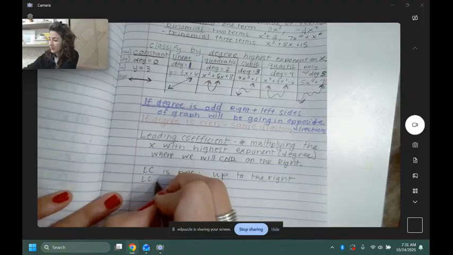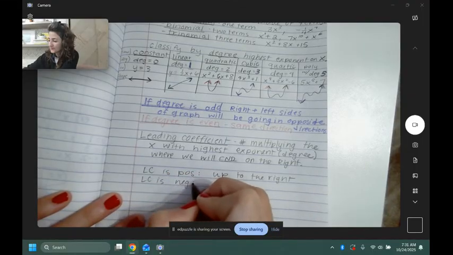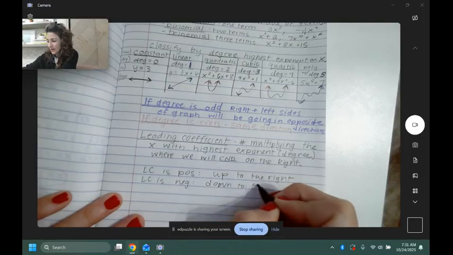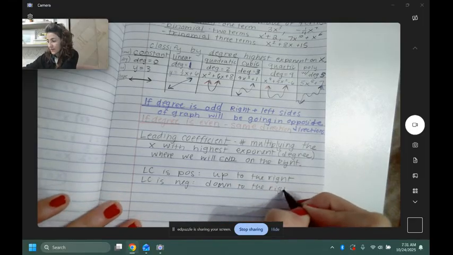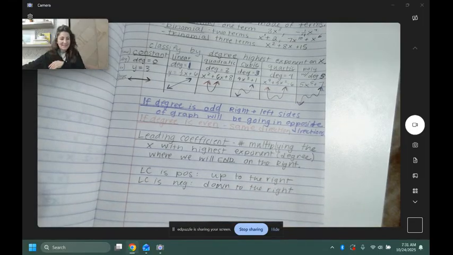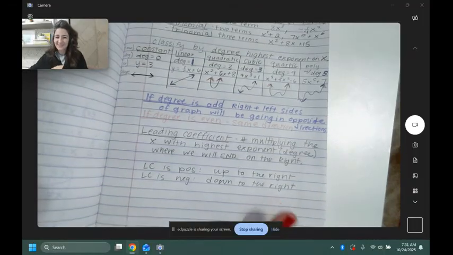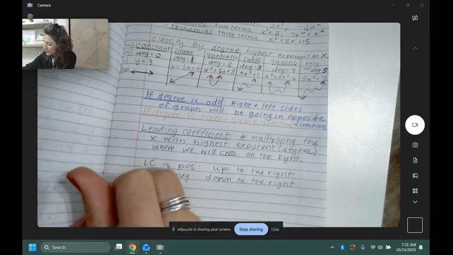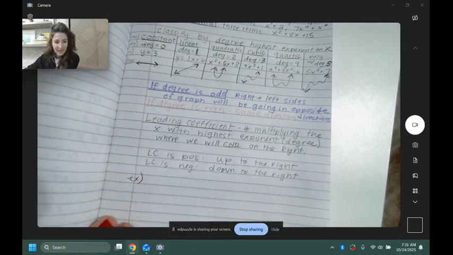If your leading coefficient is negative, it'll be going down to the right. Let's look at a couple of examples. I don't feel like the definitions of these really give you the clearest picture of it.